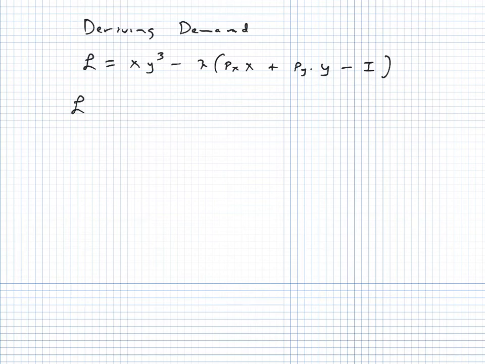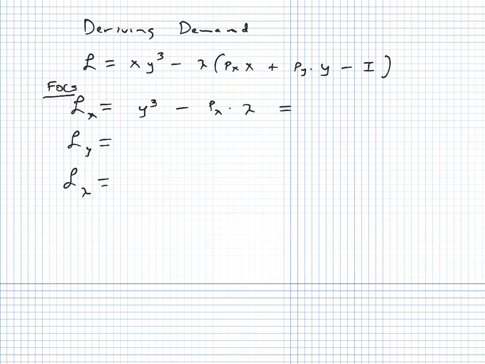Once again, we're going to set up a series of first order conditions. We'll take the partial of the Lagrangian with respect to x, with respect to y, and then finally with respect to the Lagrangian multiplier. So you've already seen a fair bit of this. Let me go ahead and write down the partial derivative with respect to x. We get y cubed minus px times lambda.